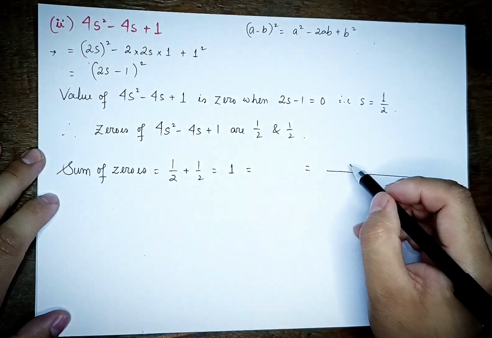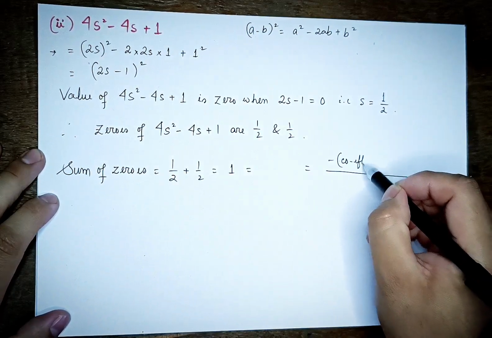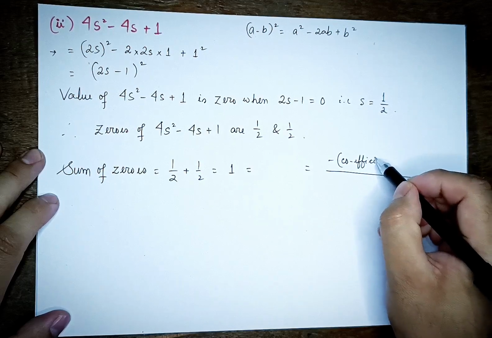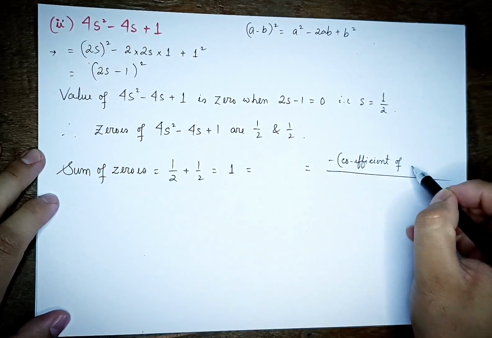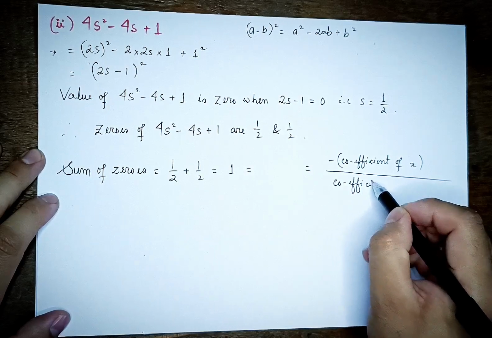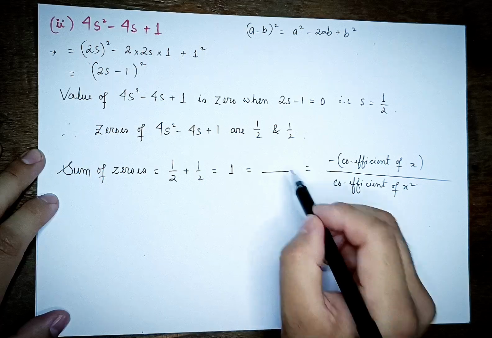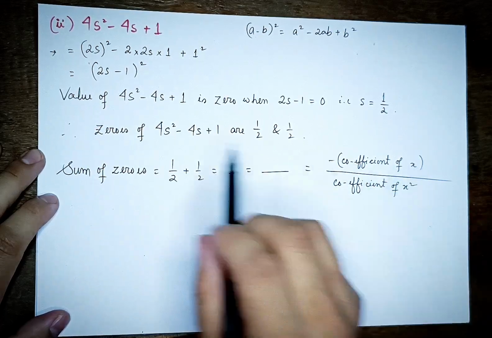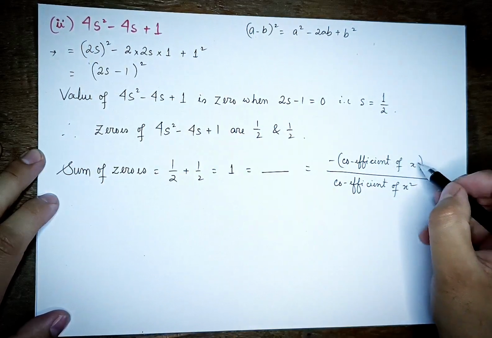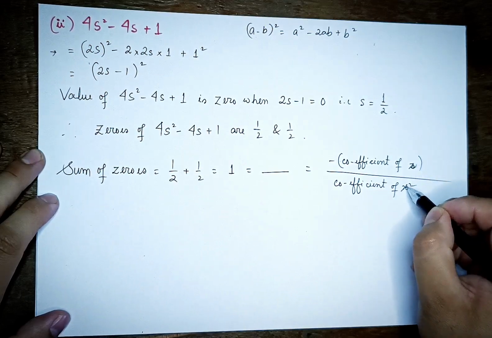We know that the sum of zeros is equal to minus coefficient of x divided by coefficient of x square. So what is the coefficient of x? Here I write s and here I write s square.